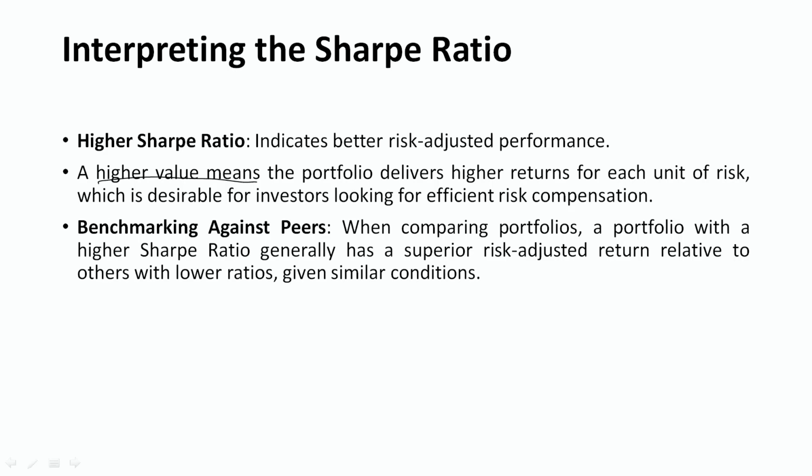A higher value of the ratio means the portfolio is giving a higher return for each unit of risk which I am taking. Why each unit of risk? Because the denominator is talking about the standard deviation, which is nothing but the risk which we have used for calculating. So, a higher ratio is always better, whereas a lower ratio is considered to be an inefficient performance of the portfolio according to experts.